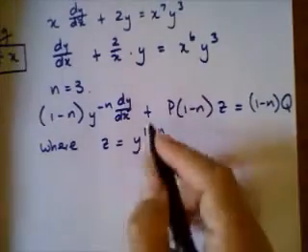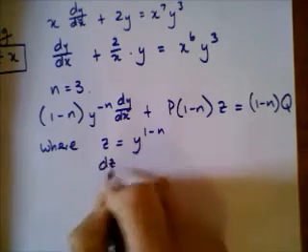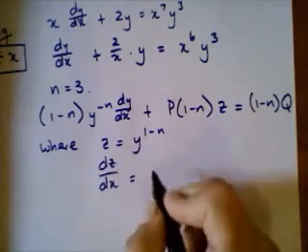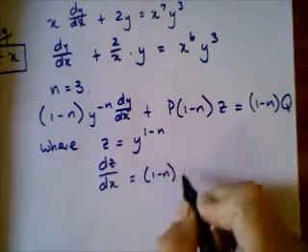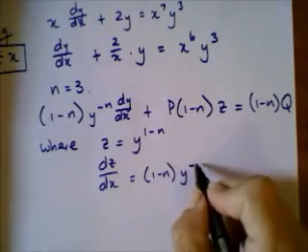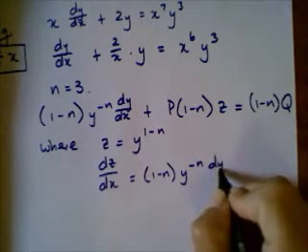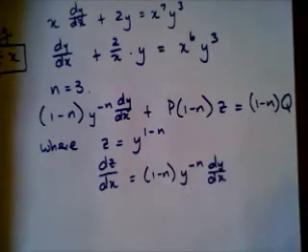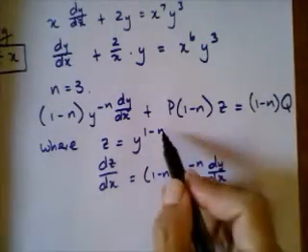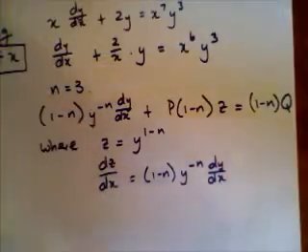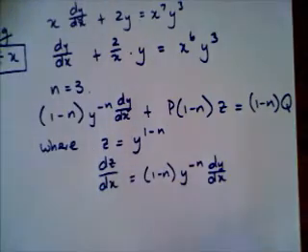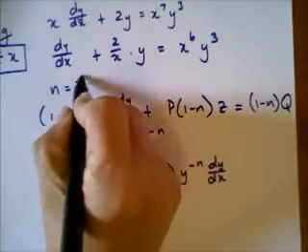And dz dx was 1 minus n y to the minus n dy dx.